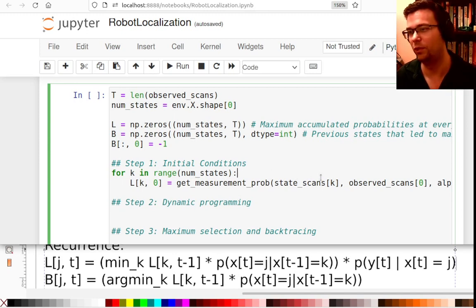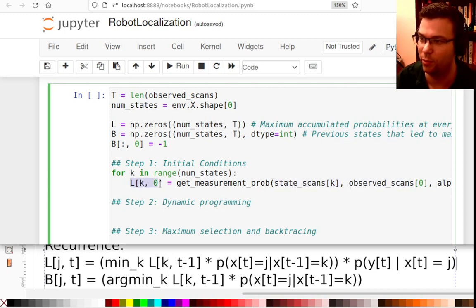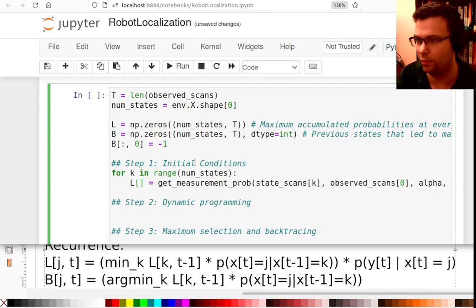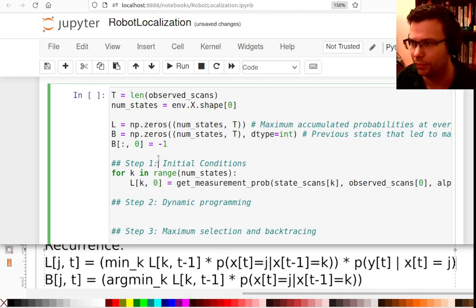So what is the measurement probability of my first observation given every state, and I'll remember that. Whoops, I flipped the indices here. That should be, oh no, that's right, state k times 0. Okay, good. So I have that.